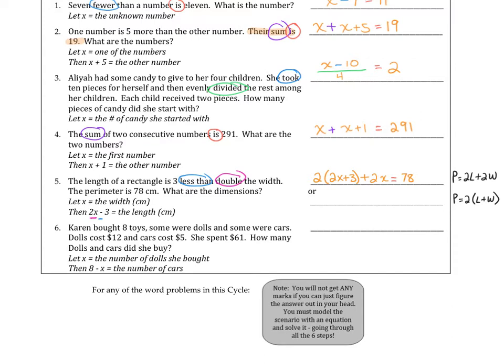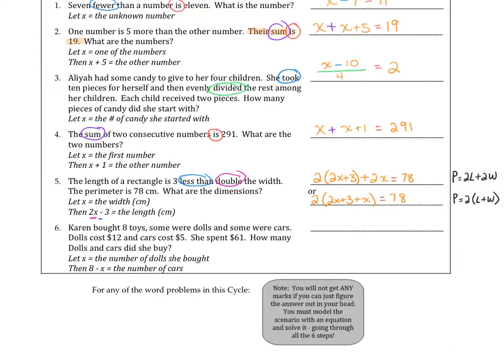If you're using the other formula, it's 2 times bracket the length, which is (2x minus 3), plus the width, which is x, and that is equal to 78 as well. So either one of those would give you the correct answer.